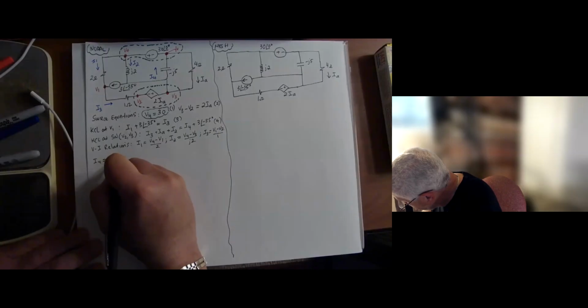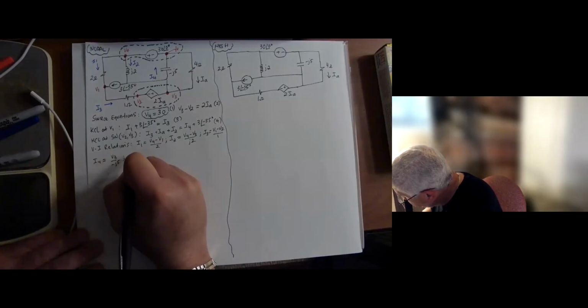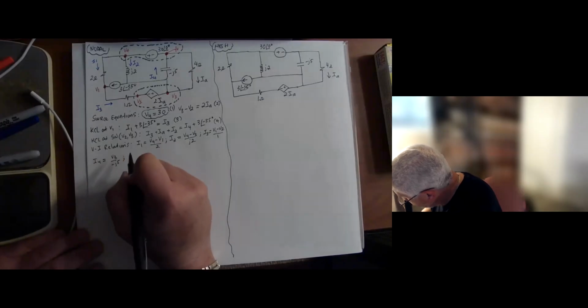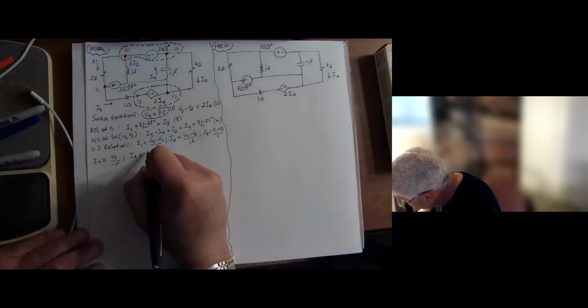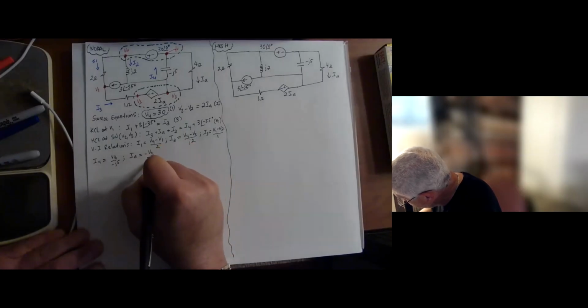I4 is V3 over minus j5. I5, no, I'm sorry, IA is minus V3 over 4.